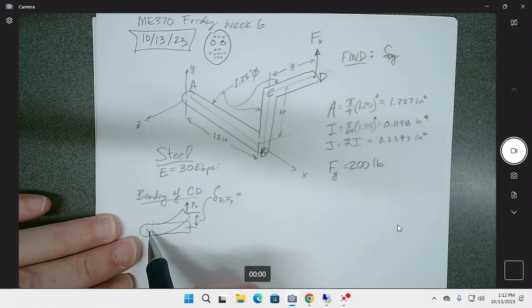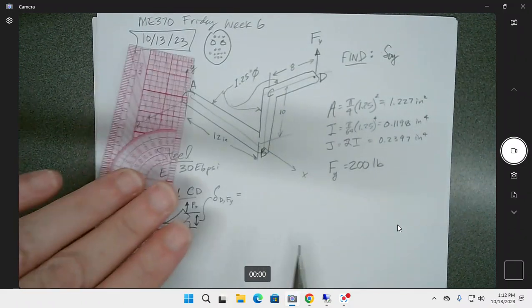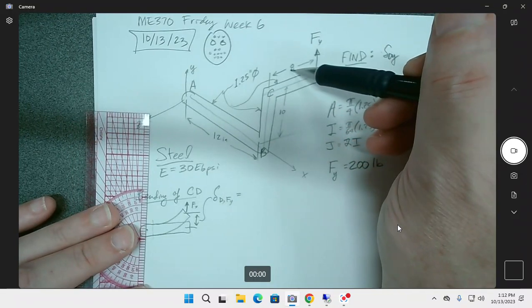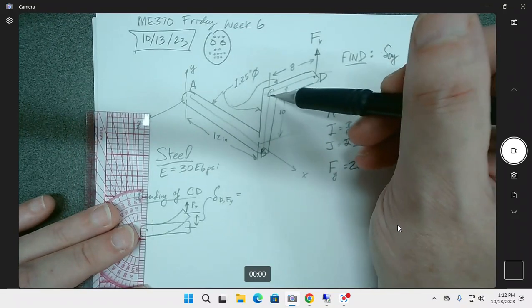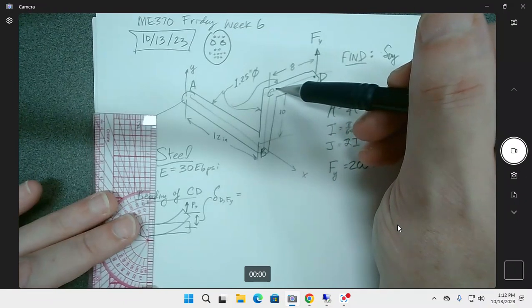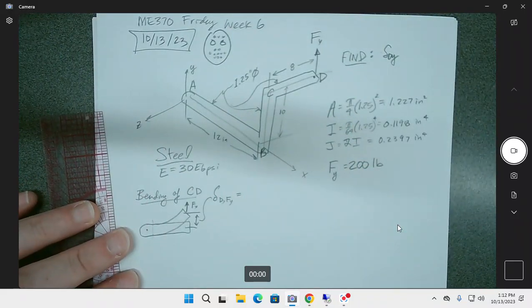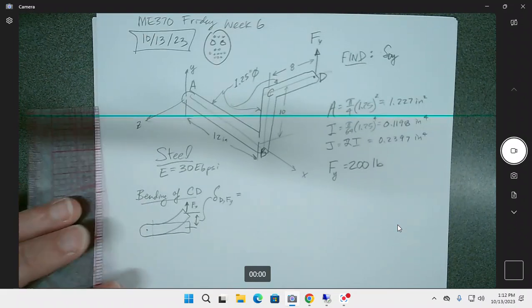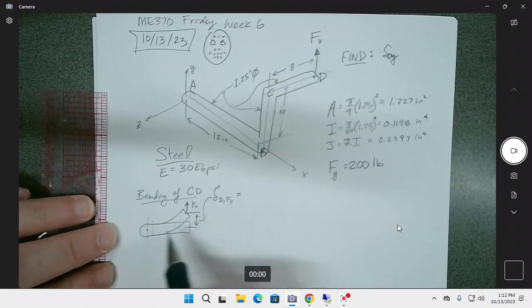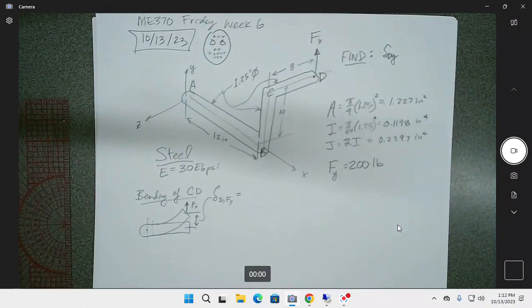We could parse the idea that maybe we don't want to go the entire 8-inch length, maybe 8 inches minus 1/2 of 1.25. You see what I mean? Let's just let that be an error. We're just going to treat it like it's cantilevered right here instead, so we'll use the full 8 inches.